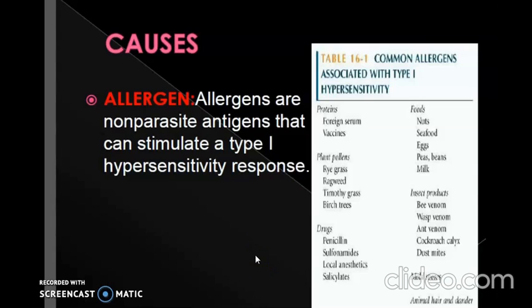These are all common allergens that are associated with type 1 hypersensitivity.